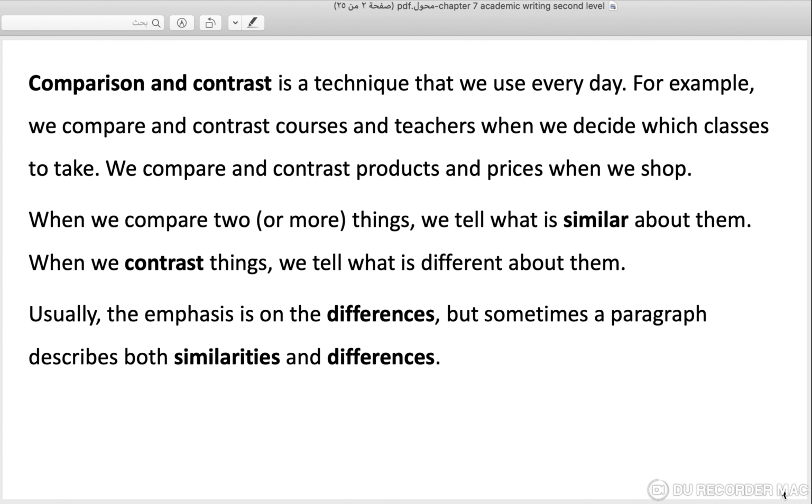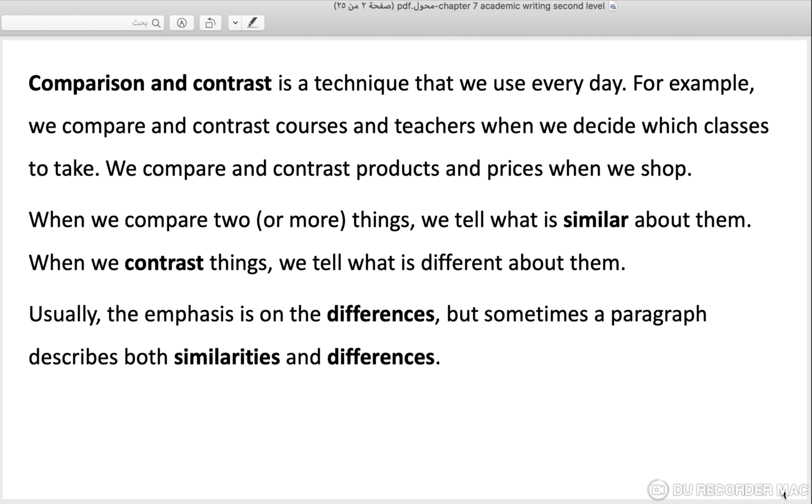At first, comparison and contrast is a technique that we use every day. For example, we compare and contrast courses and teachers when we decide which classes to take. We compare and contrast products and prices when we shop.